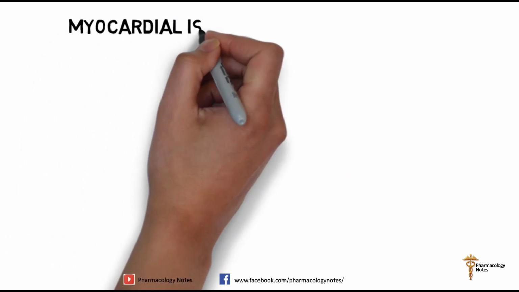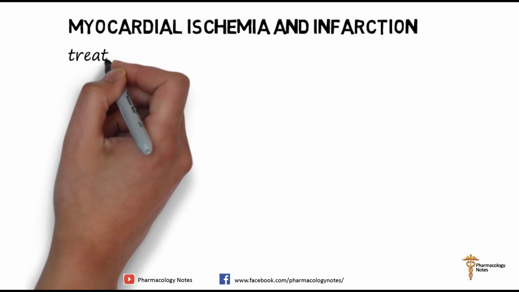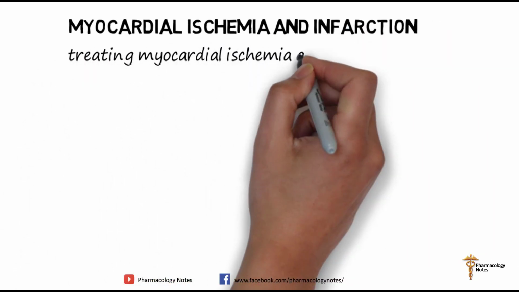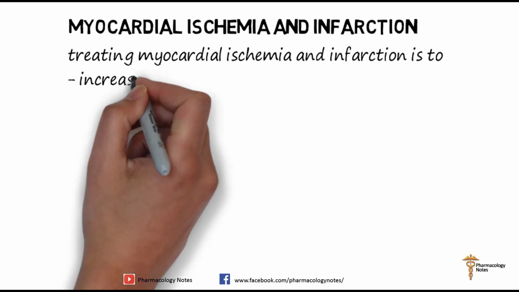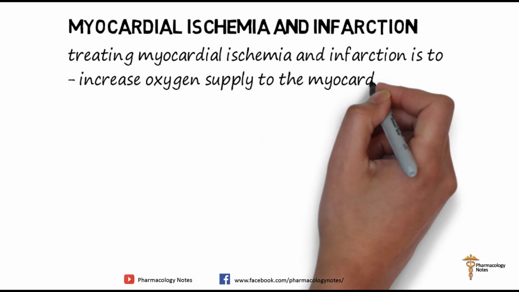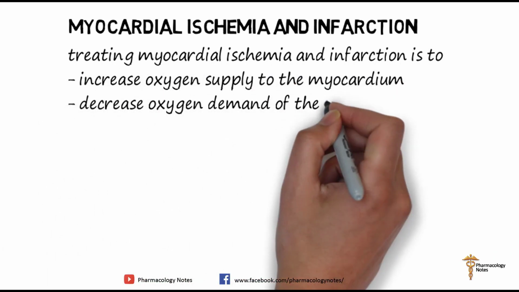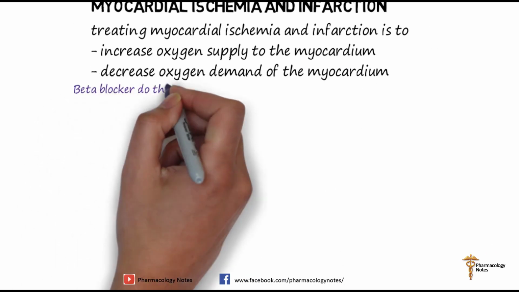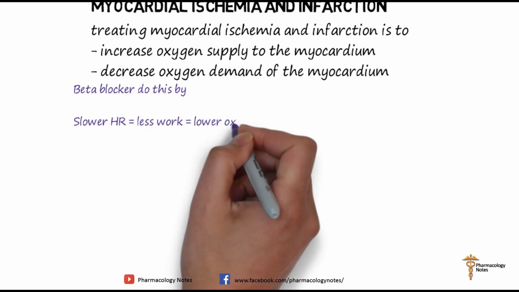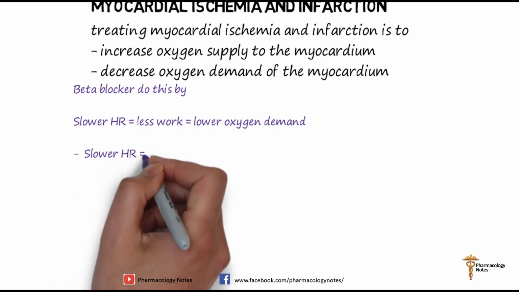Now let's discuss myocardial ischemia and infarction. In treating myocardial ischemia and infarction, the goal is to increase oxygen supply to the myocardium and decrease oxygen demand. Beta blockers do this by slowing heart rate, which equals less work, which equals lower oxygen demand.